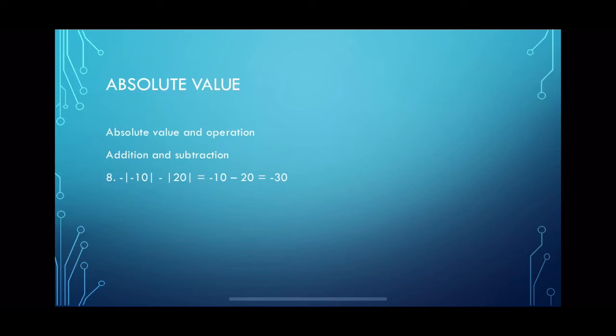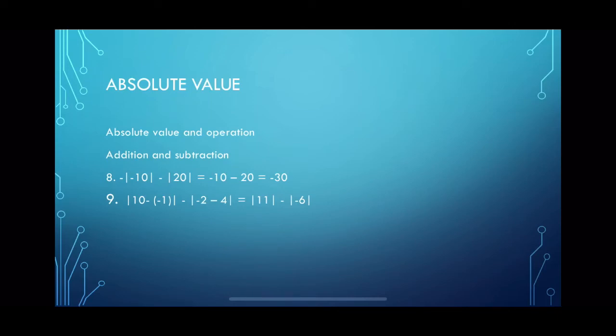So number 9, we have absolute value of 10 minus negative 1 minus absolute value of negative 2 minus 4. So we will have 10 minus open and close parenthesis negative 1. So negative negative, so it will become positive.